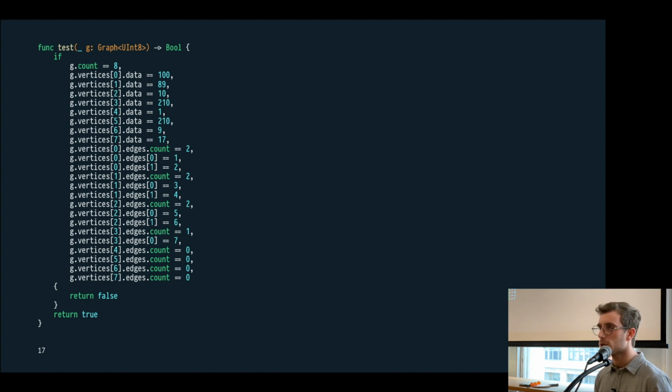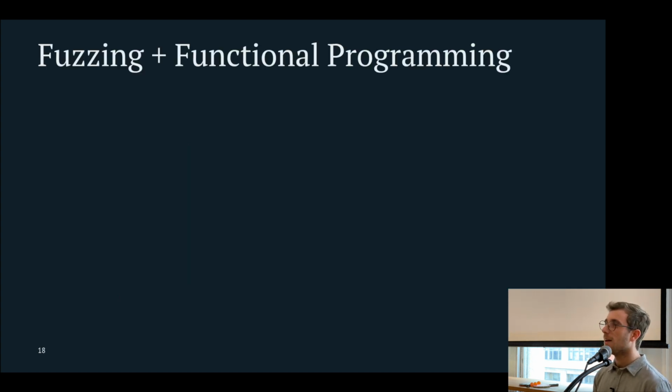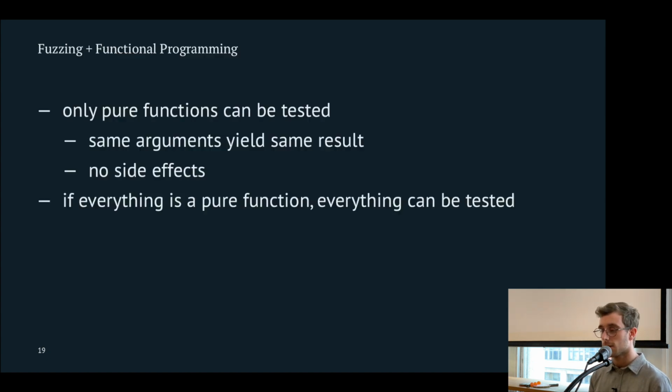Is this actually useful in real life? And the answer to that is yes, especially if you use functional programming. And the reason for that is simple: only pure functions can be tested. That means that the same arguments must always yield the same results, and that no side effects are allowed. But on the bright side, if everything is a pure function, then everything can be tested.